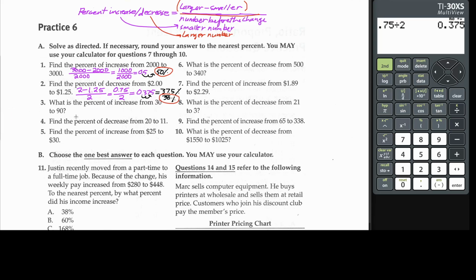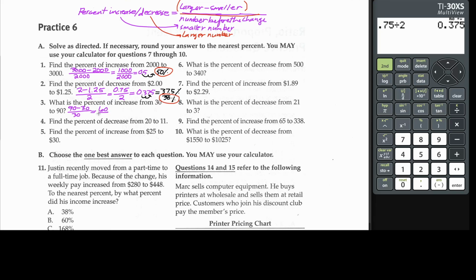Go to number 3. What is the percent of increase from 30 to 90? So subtract 90 and 30. Divide that by 30 because it's an increase. So the bottom number would be the smaller number. 90 take away 30, 60.